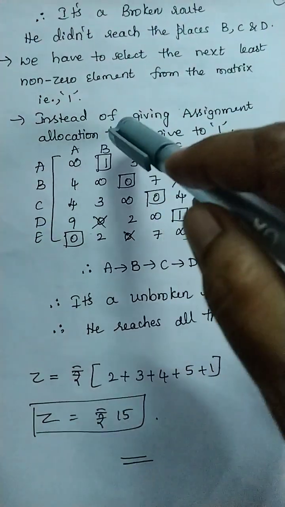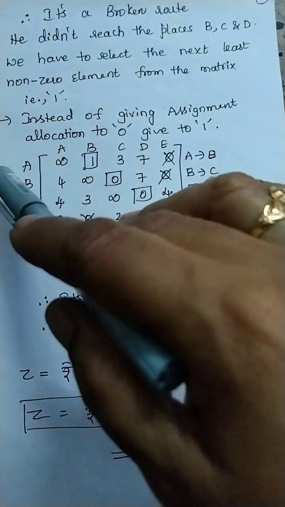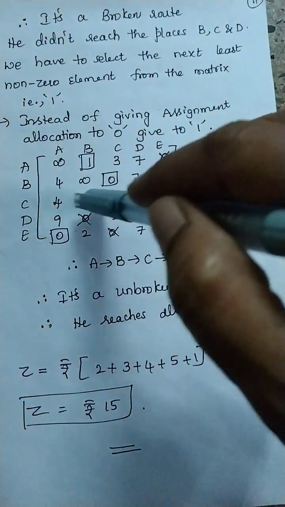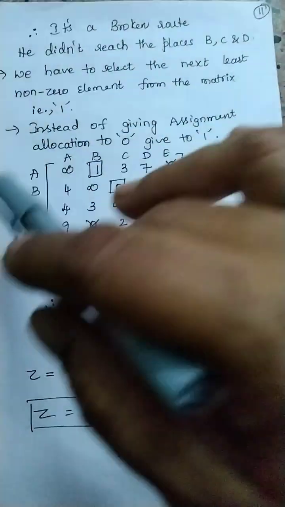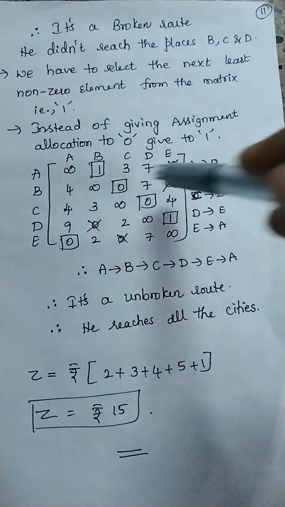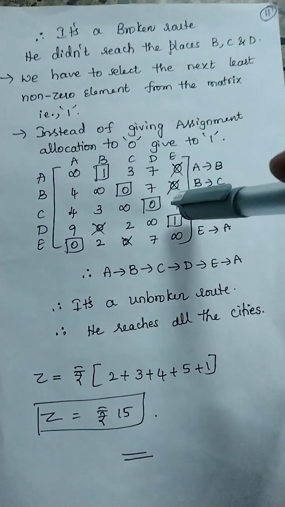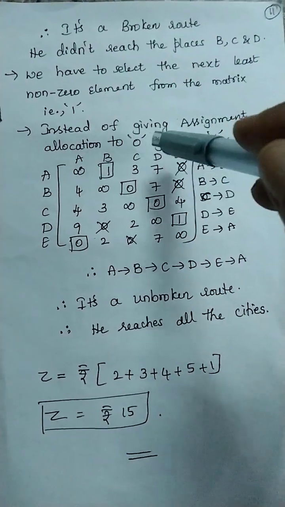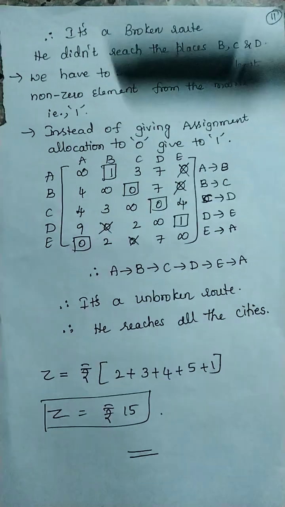So this is going to be assigned, and when the assignment is done in the row, no 0 will be there in that column. This 0 will be cancelled. Now in the second row, there are 2 zeros. Skip that row. In the third row, there is only one single 0, which should be assigned. No 0 is there in that column to cancel.